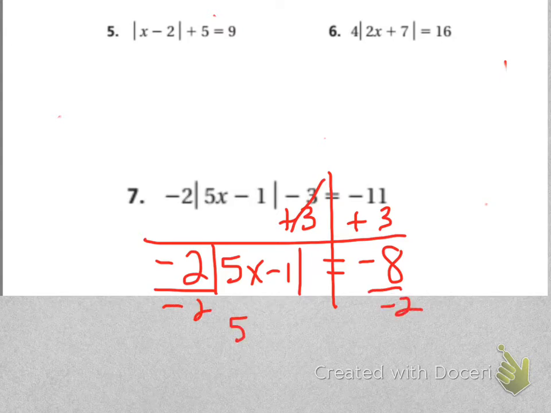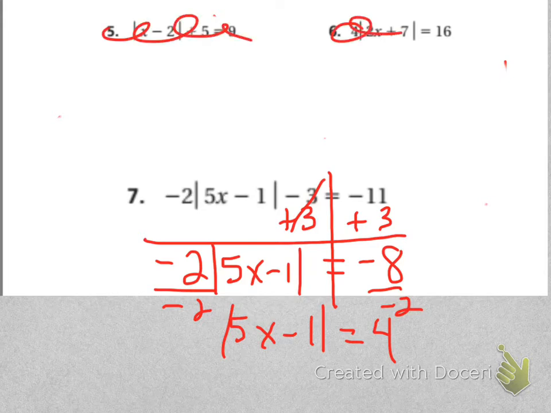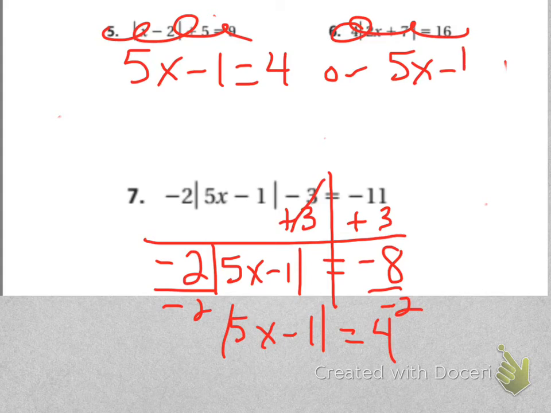So I have the absolute value of 5x minus 1 equals positive 4. So now I'm in the correct form. I'm just going to use a space up top here. So we're going to have 5x minus 1 equals positive 4, or 5x minus 1 equals negative 4.